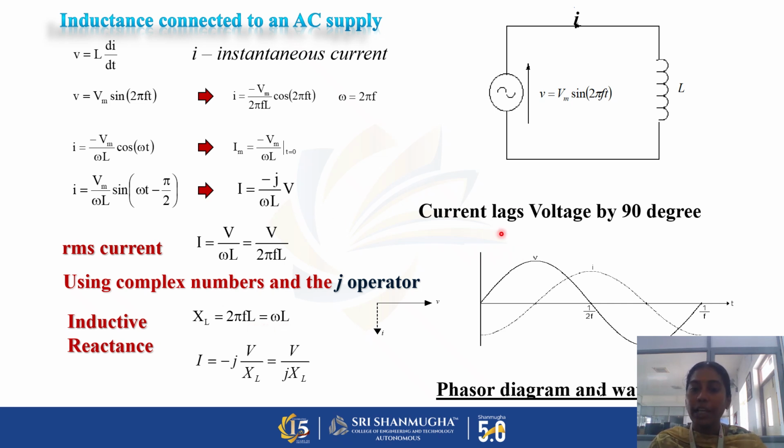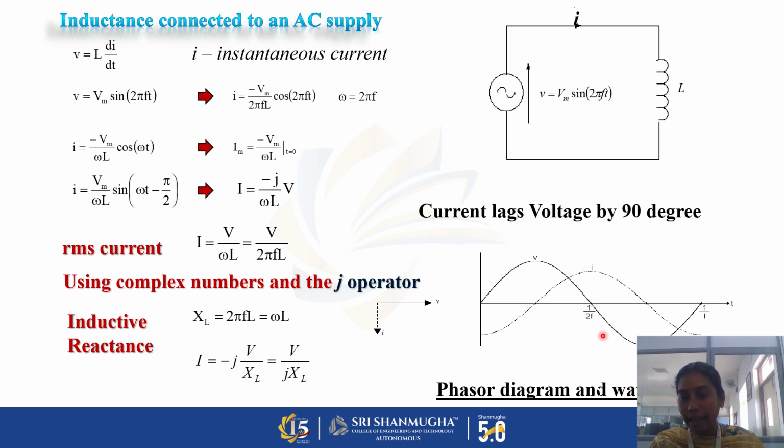Then what is the relationship between current and voltage? With resistance connected to the AC circuit, current and voltage are in phase, but here the current lags the voltage by 90 degrees. Lagging means the voltage attains its maximum value at this point, but the current attains its maximum value after some period.